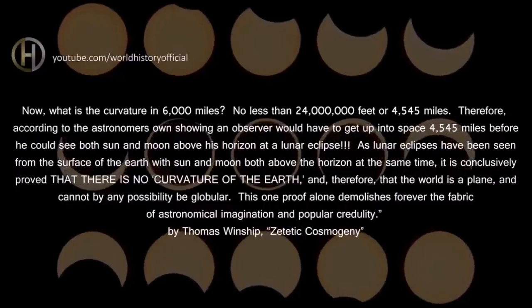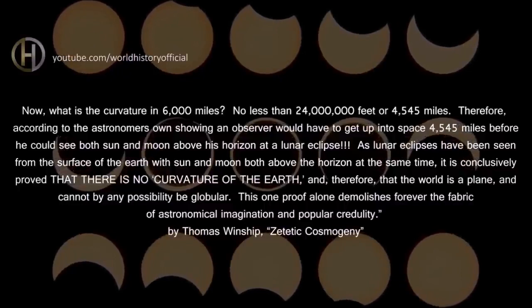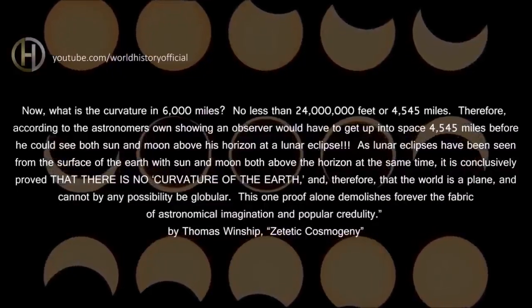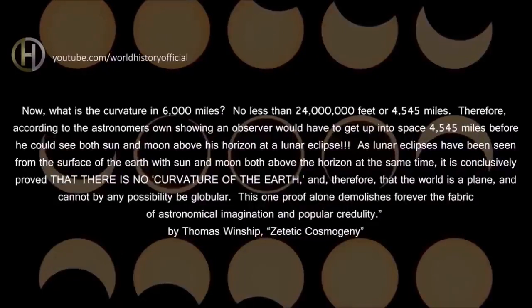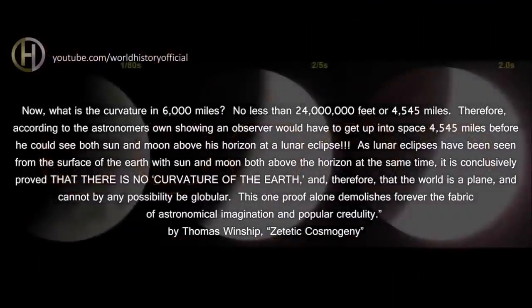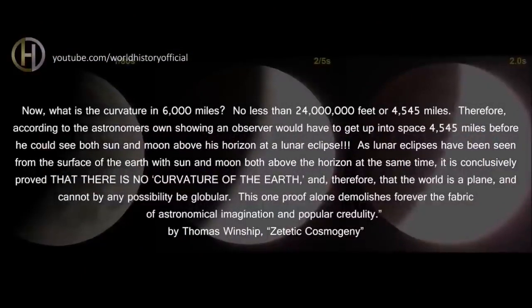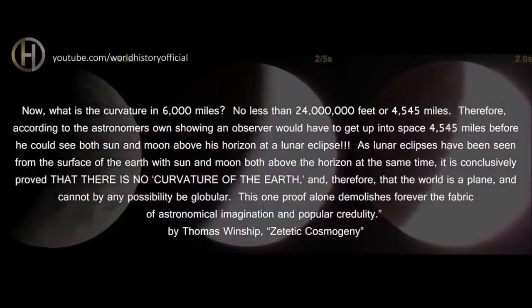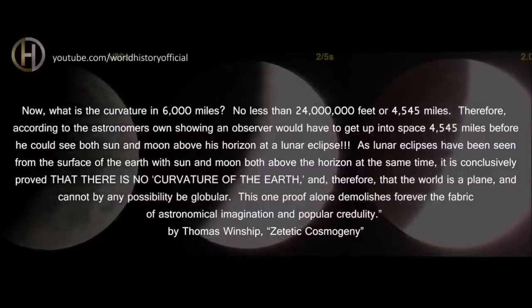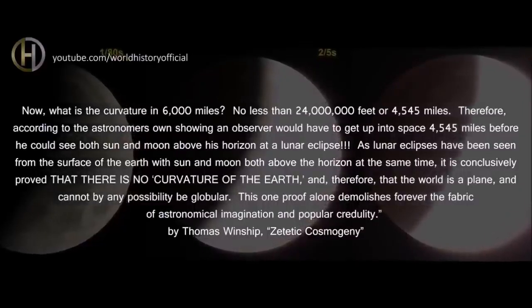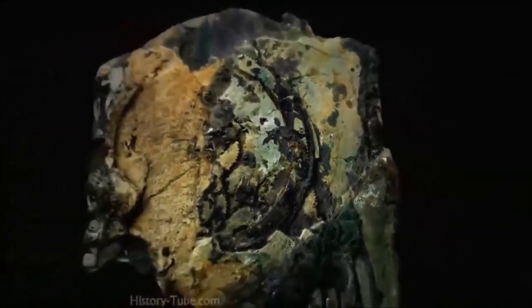As lunar eclipses have been seen from the surface of the Earth with Sun and Moon both above the horizon at the same time, it is conclusively proved that there is no curvature of the Earth, and, therefore, that the world is a plane, and cannot by any possibility be globular. This one proof alone demolishes forever the fabric of astronomical imagination and popular credulity. It upsets all our ideas.